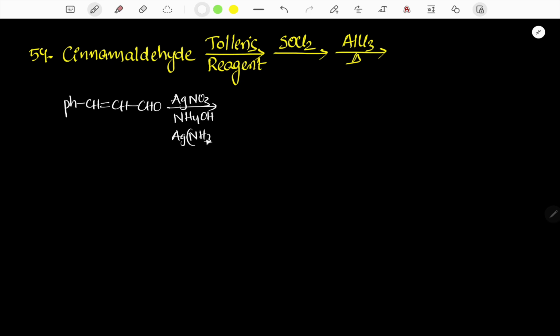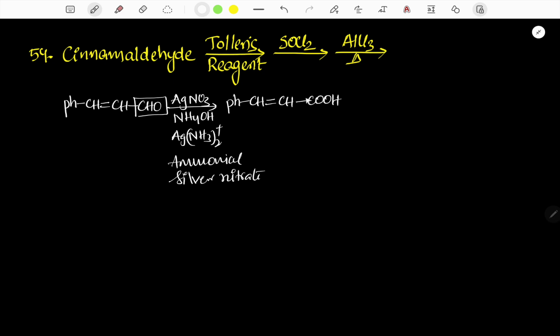Ammoniacal silver nitrate. Now here we know that the aldehyde functional group undergoes oxidation and finally gives the corresponding cinnamic acid. The product is cinnamic acid.